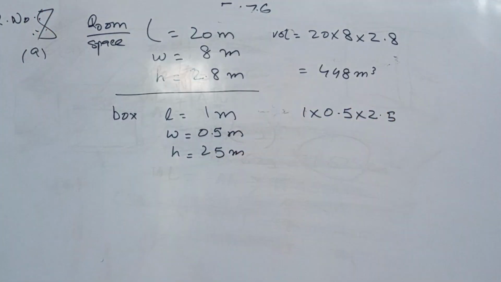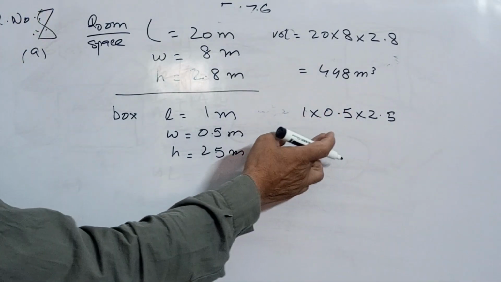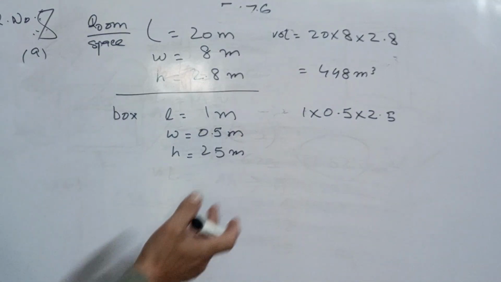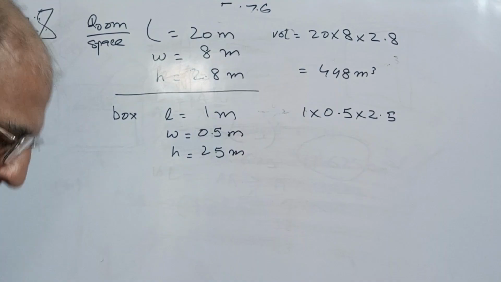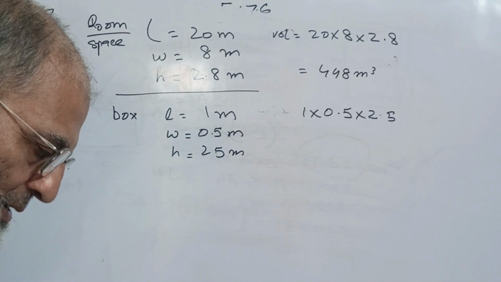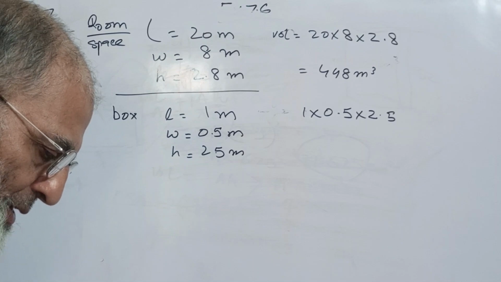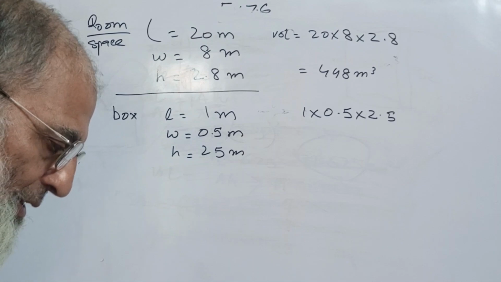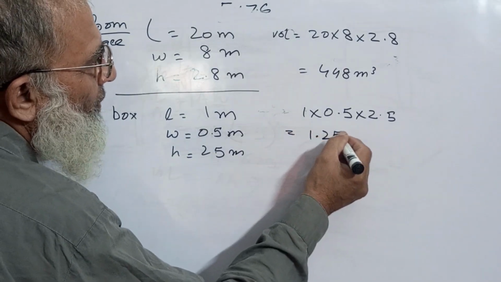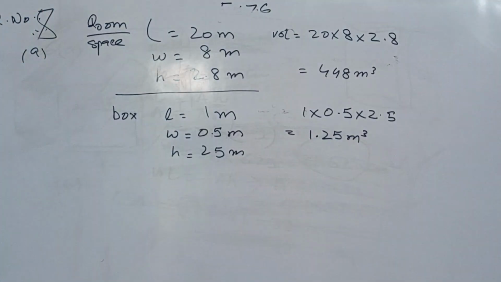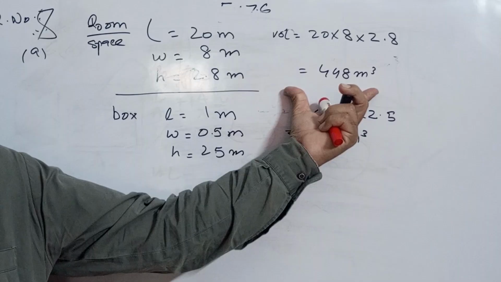So 1 multiplied by 0.5 multiplied by 2.5 is 1.25 meter cube. You see, the volume of box is this, the volume of room space is this.